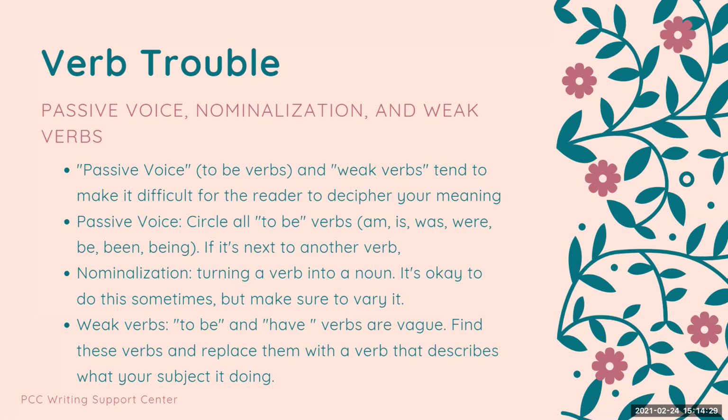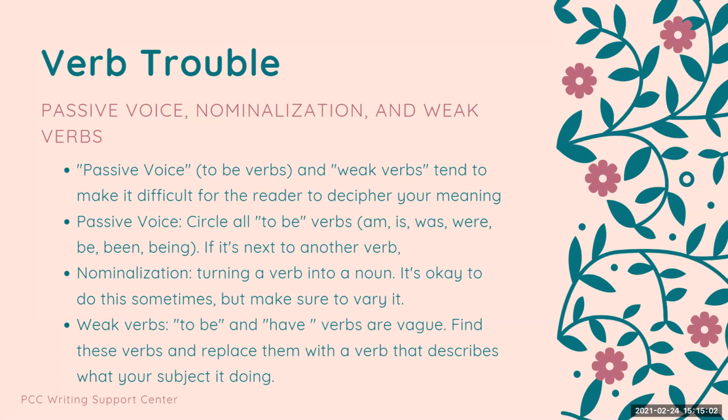For passive voice, we always recommend that you go back through your essay and circle all of the to be verbs, which are am, is, was, were, be, been, and being, if it's next to another verb. So for example, if you say she will be going to the store, will be going would be part of that to be passive voice.